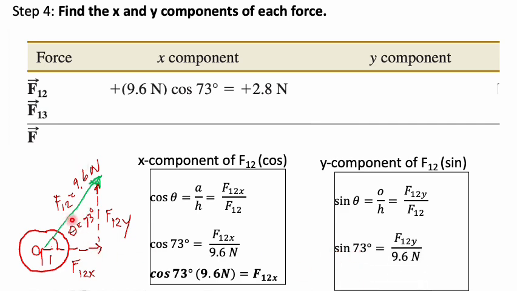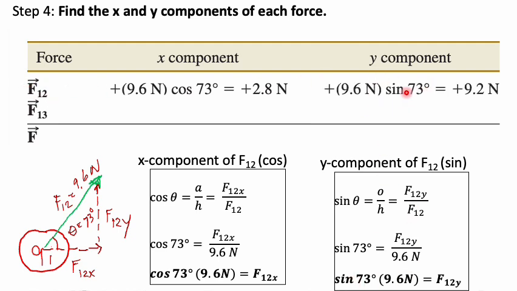Sine 73 degrees is equal to the Y component of F12 over the hypotenuse, 9.6 newtons. Rewrite the formula, and we can now find the value of the Y component of this F12 force. So, 9.6 newtons times sine 73 is equal to 9.2 newtons. So, we now have the X and Y components of the force acting on charge 1 by charge 2.